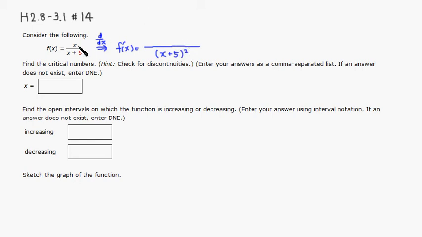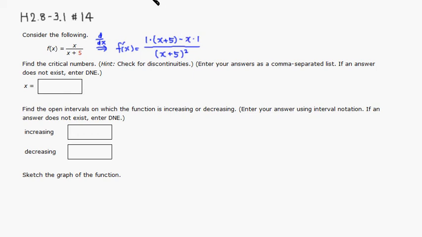Derivative of the top is 1 times the bottom, quantity x plus 5, minus the top x times the derivative of the bottom, which is 1.